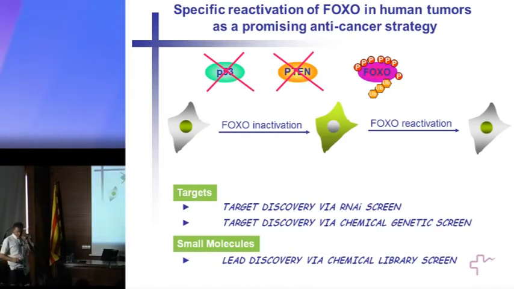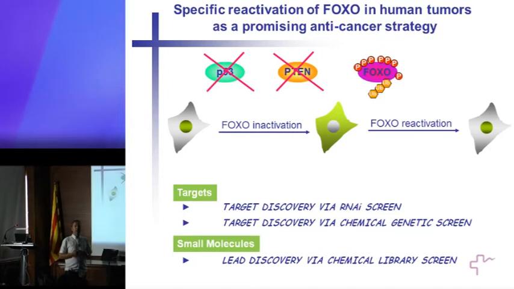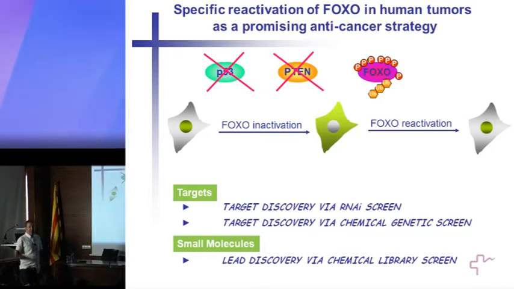This is a very important difference when it comes to a therapeutic strategy when you want to restore the function of a protein, because in the case of Foxo, the protein is still there and can be reactivated, and that's actually what we want to achieve, to reactivate the tumor suppressor function of Foxo.